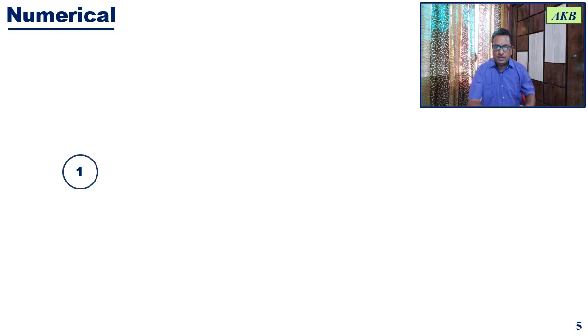So event 1, activity A, duration 35 weeks.